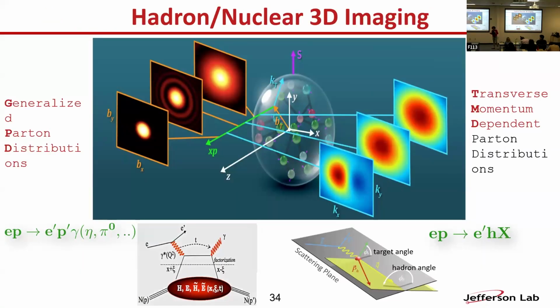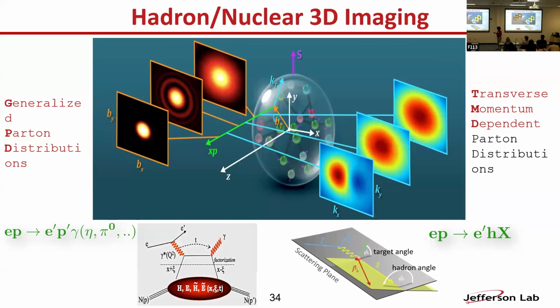Now, what can we do for the 3D imaging? This is an important part; you have seen that almost half of the experimental program at Jefferson Lab is about the structure of the proton, and the 3D imaging is one big portion of this program.